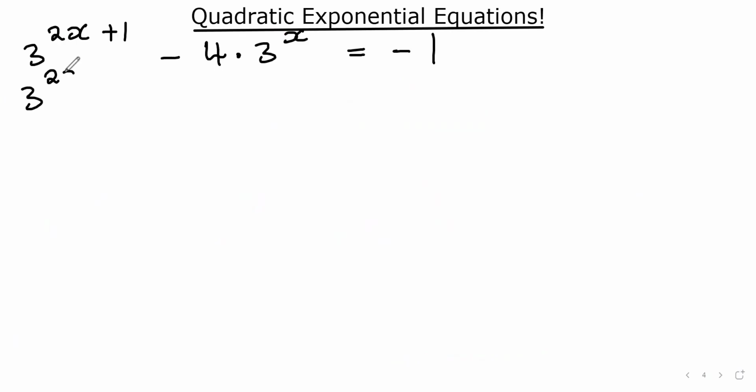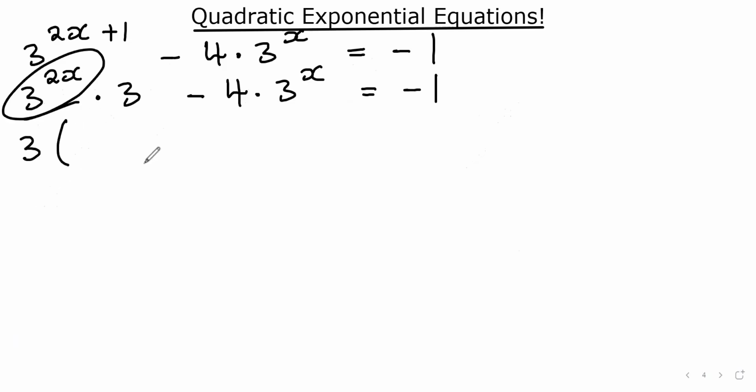Now, first things first, we are going to reverse the first law of exponents. So we say we have 3 to the power 2x times 3 to the power 1, or you can just write it as 3. And here you have 4 times 3 to the x, which is set equal to -1. I'm going to take the 3 and bring it to the front.